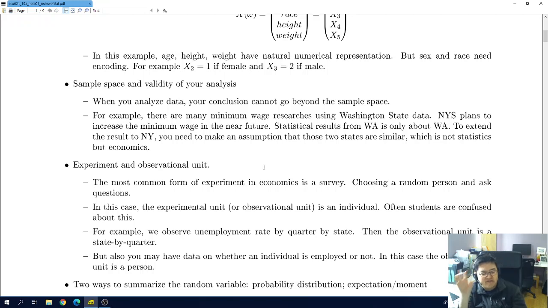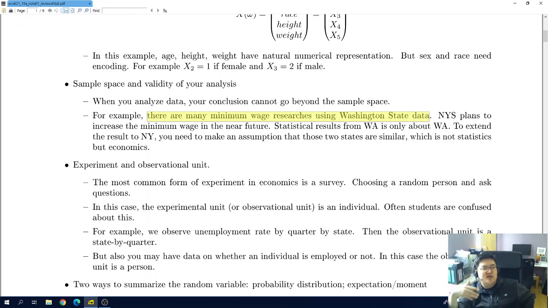So when you define your research question, you have to define the limit of your interest. So if you're interested in New York State, data from outside New York State is useless, or you need to make additional assumption. Like as I said here, there was a huge minimum wage increase in Washington State, but if you are interested in New York State, then actually Washington State data are useless.